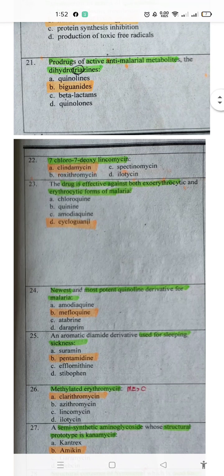Number 22. 7-chloro-7-deoxylincomycin is your clindamycin. So, the chemical name of your clindamycin is 7-chloro-7-deoxylincomycin.